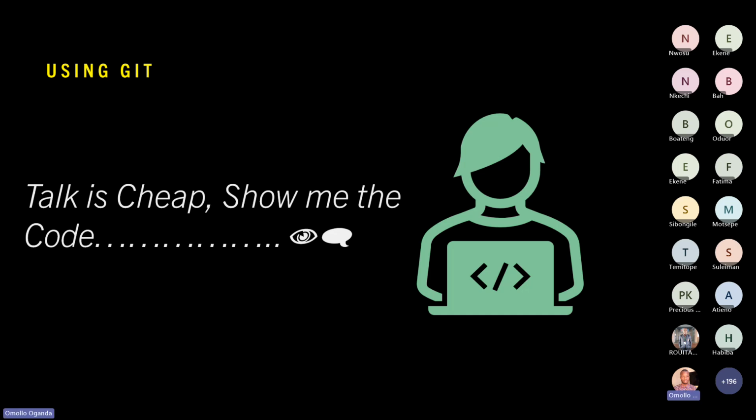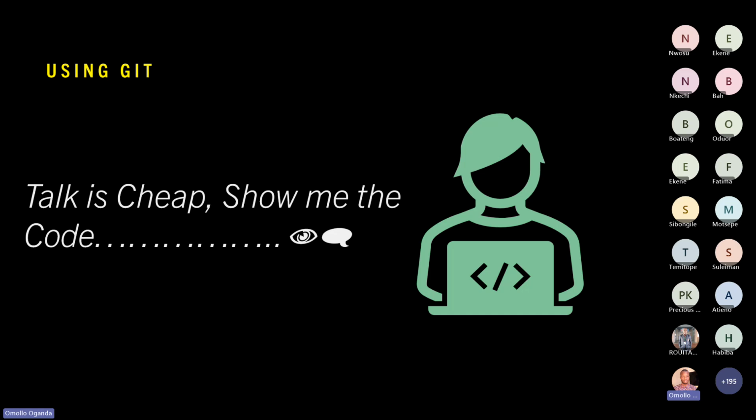If you have any question in the meantime, please drop them on the chat so that we can take note of your questions that I will respond to towards the end of the meeting. So I'm sharing my screen.